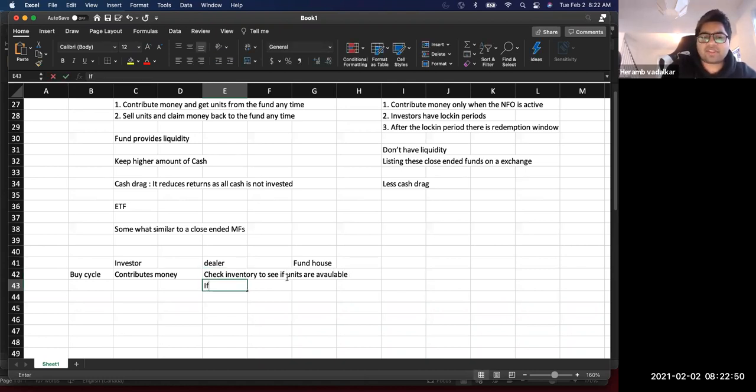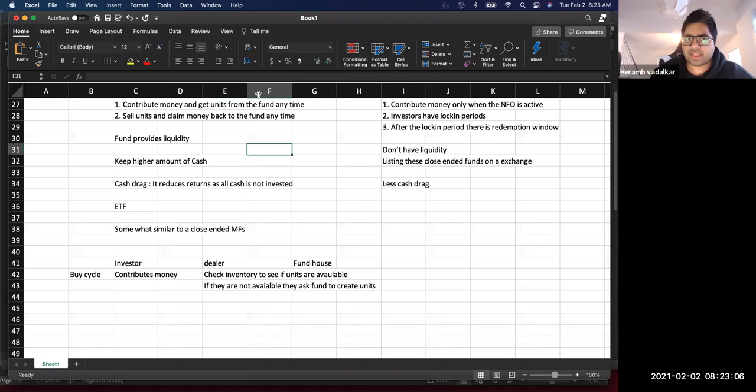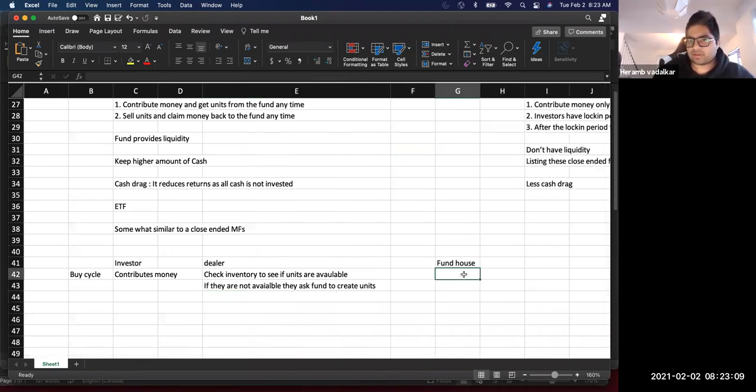If they are not available, they ask the fund to create units. Fund receives money and creates units.